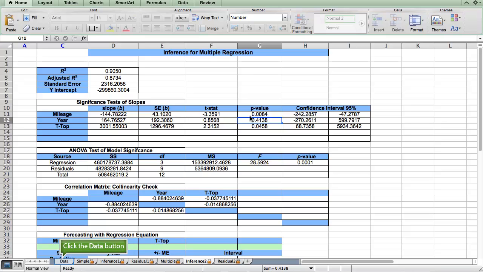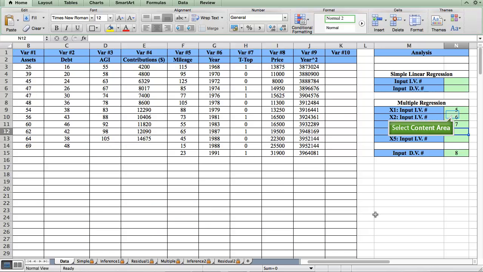So let's do that. If we remove variable 6, which is the year, we would also want to move up T-tops to the variable 2 position. Let's check our results.